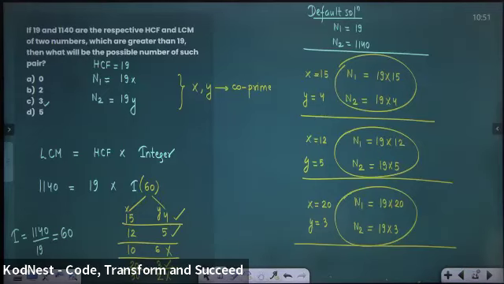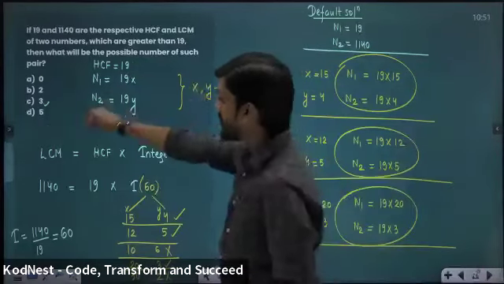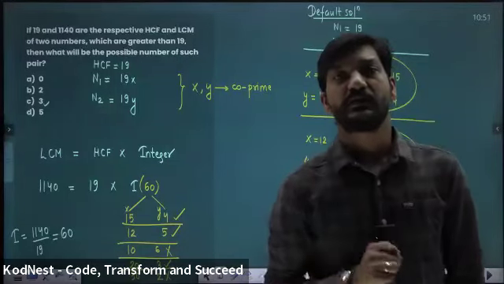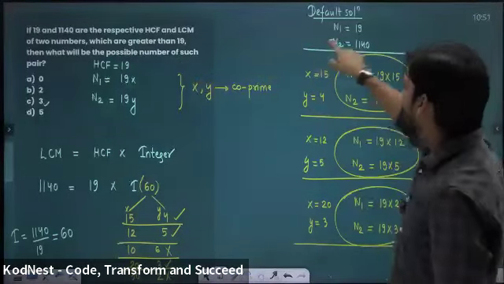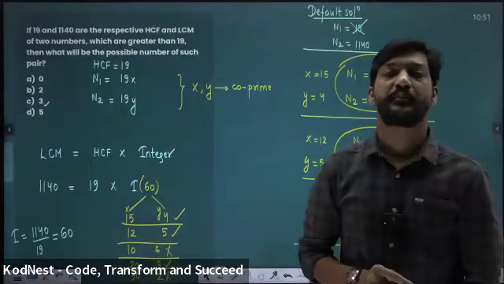Why no? There should be some reason. This also satisfies, or this pair also will give you the same HCF, same LCM. So why no? Yes, because the question says greater than 19. But in this, I can see a number which is not greater than 19.